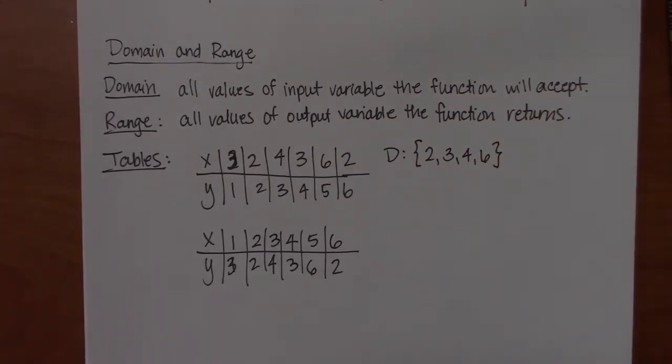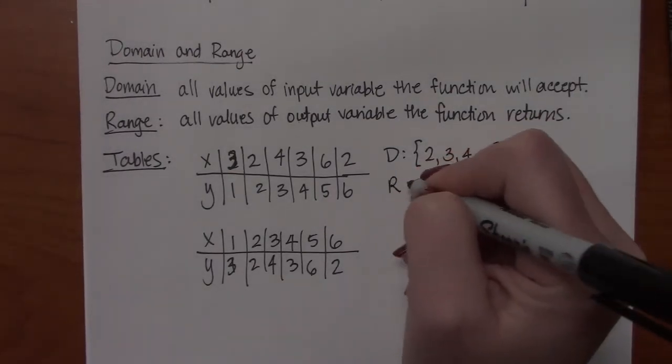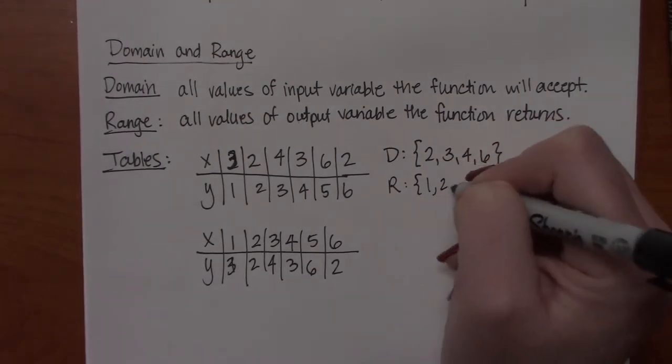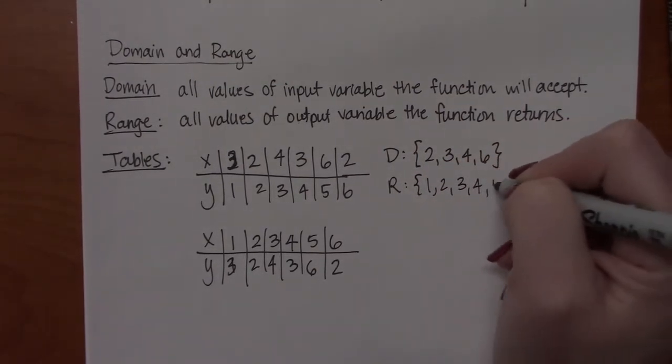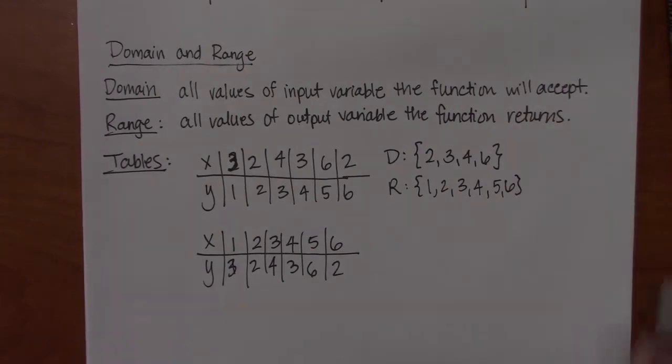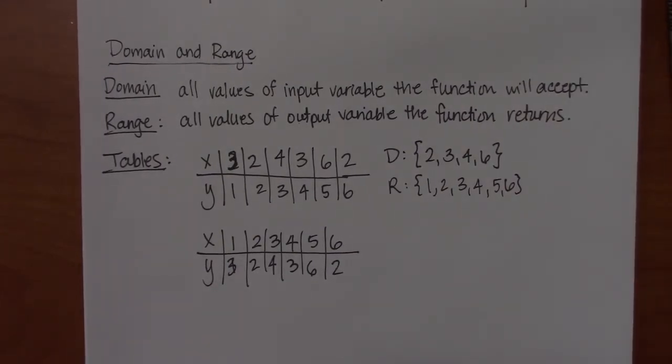It accepts 2, it accepts 3, it accepts 4, and 6. And we don't write 2 twice, and we don't write 3 twice. Okay? If you look at the range, well, the range is just 1, 2, 3, 4, 5, 6. So these brackets are curly. Those curly brackets mean set.